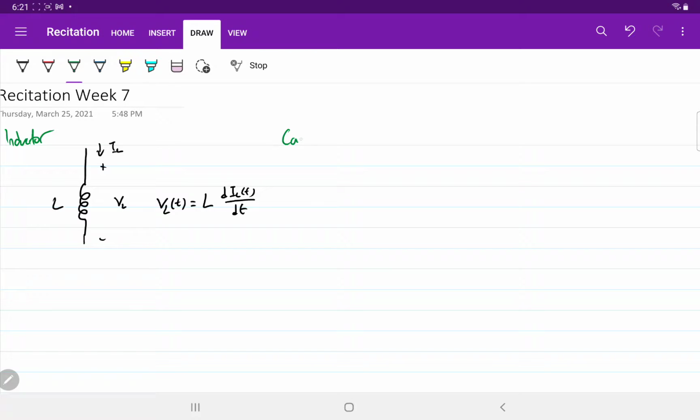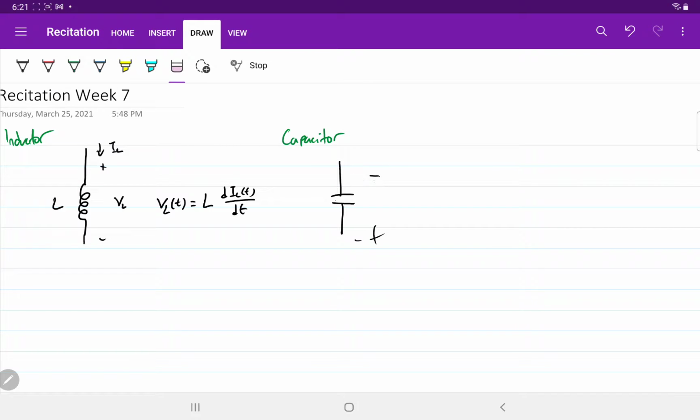And the capacitor is another device that can store energy. This is a polar capacitor. If the capacitor is non-polar, then the symbol is like this, and can be plus minus or minus plus.